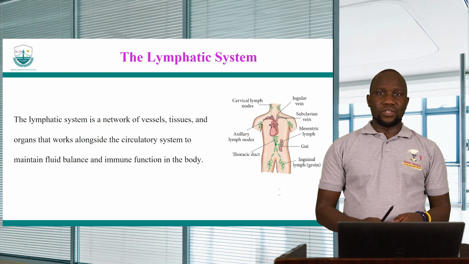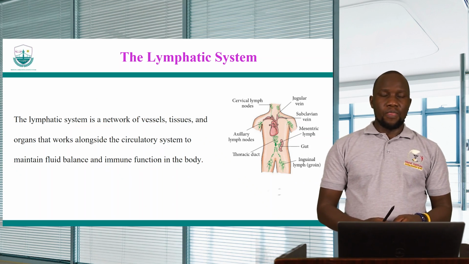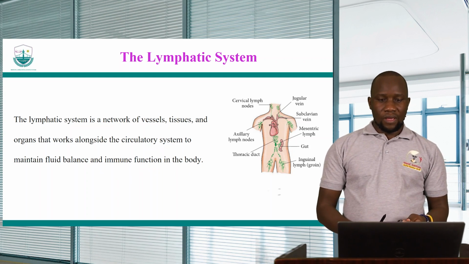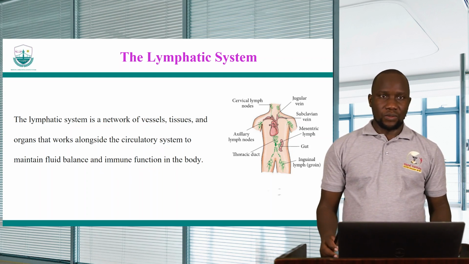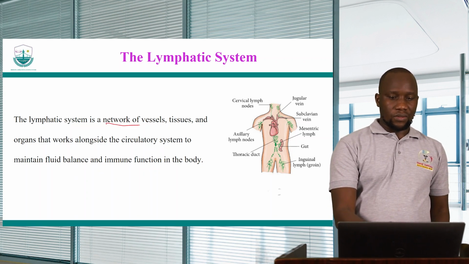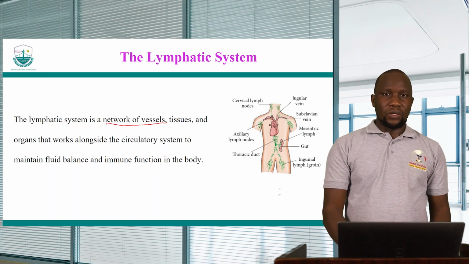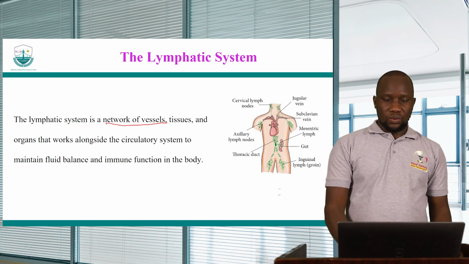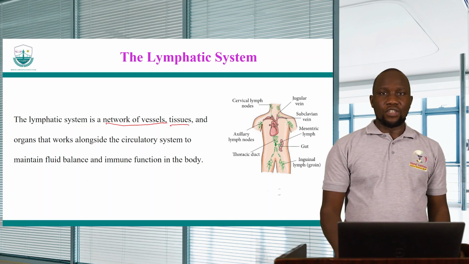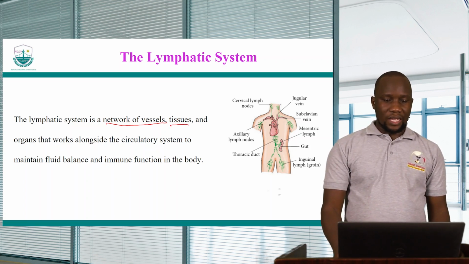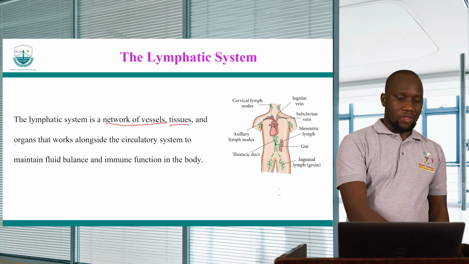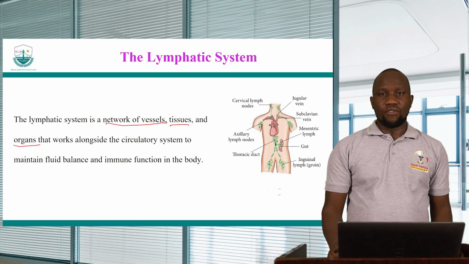So similar to the circulatory system, the lymphatic system consists of lymphatic vessels, which we are terming now the network of vessels. Okay. It also has tissues, which we shall see, called the lymphoid tissues. We'll look at that, and then, of course, these tissues are part of what we call the lymphoid organs.